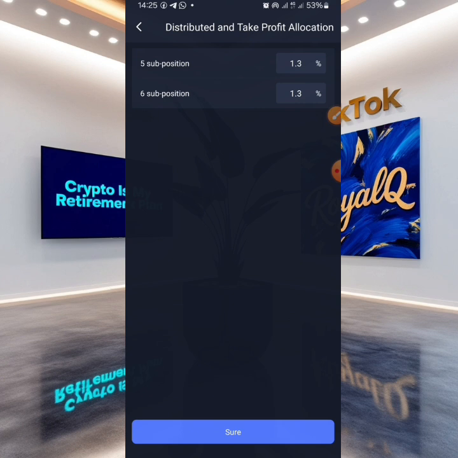From the first call to the fourth call, the robot considers that as the whole position. So from the first call to the fourth call, it will be sold as a whole. But from the fifth call until 1,000 margin calls, if at all you have set 1,000 margin calls, the robot will sell each call independently. For this instance, we have set 6 calls. That's why you are seeing these 2 calls being separated.